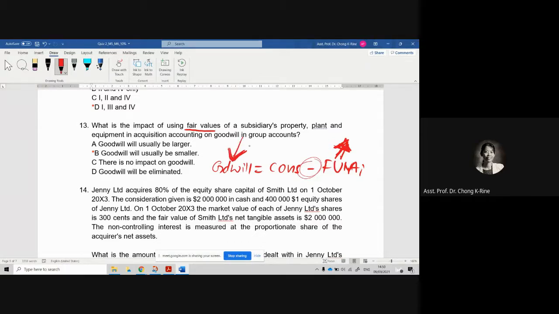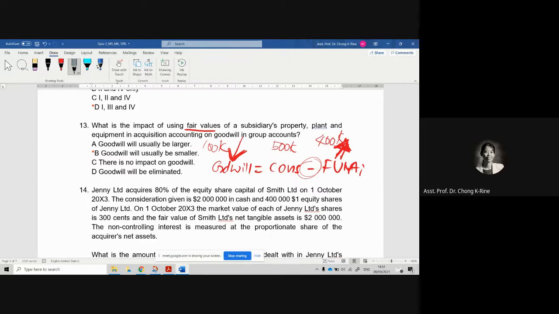Now let's say I use 500,000 to buy 400,000 value of company. So my goodwill is supposed to be 100,000, correct or not? However, today the valuer comes and says, hey, the subsidiary has property, plant, equipment that we have to revalue upwards, and the net of tax is 50,000, to make it easier.